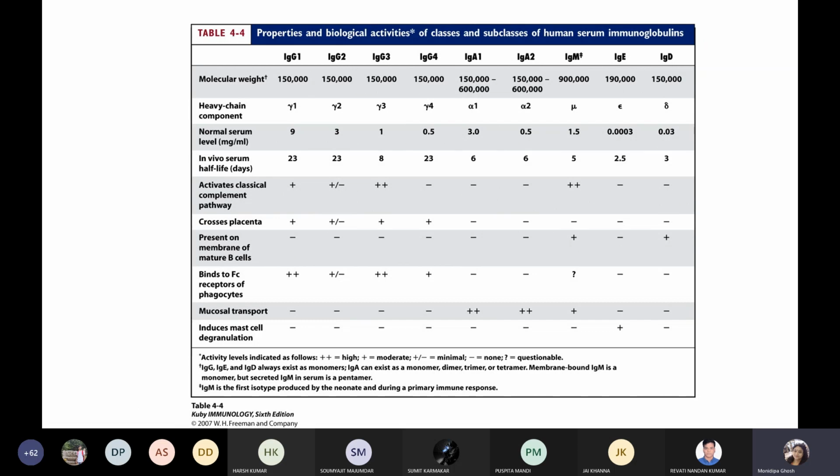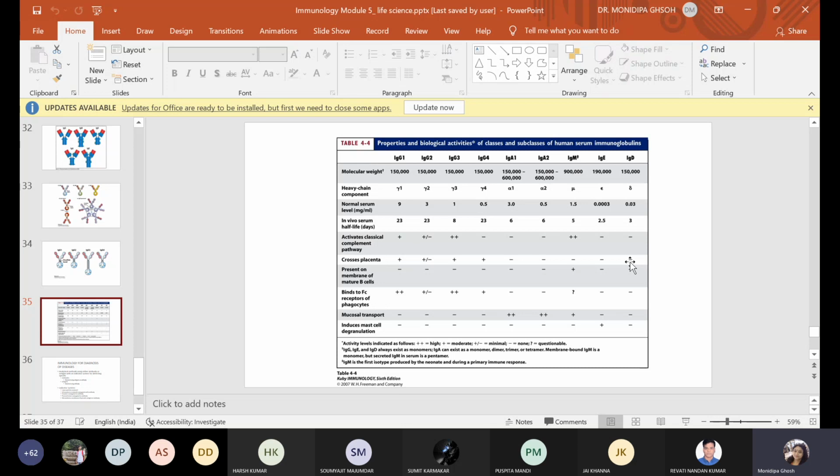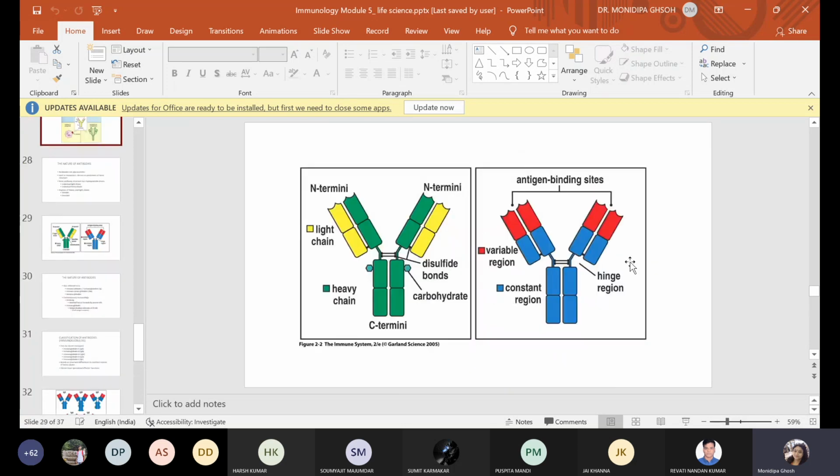We have read what the granulocytes are. Can anybody tell what the granulocyte populations are? Eosinophil, basophil, and neutrophil. Good. Eosinophil, basophil and neutrophil. Let me go to that slide for others' revision.